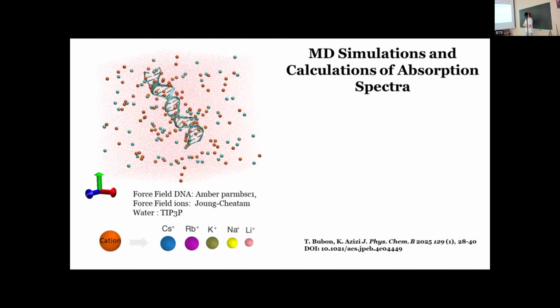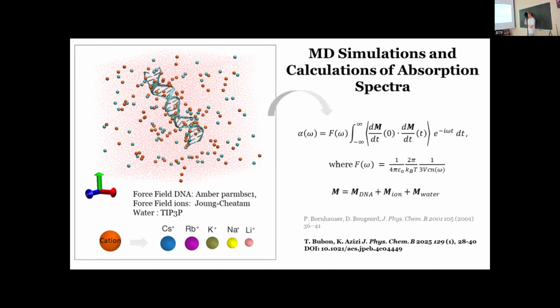And we added different salts with different alkali metal ions, including lithium, sodium, potassium, rubidium, and cesium. Here I summarize some details on the force field that we used, but I will not stop on them now because they will repeat in the other simulations, so I will discuss them later.